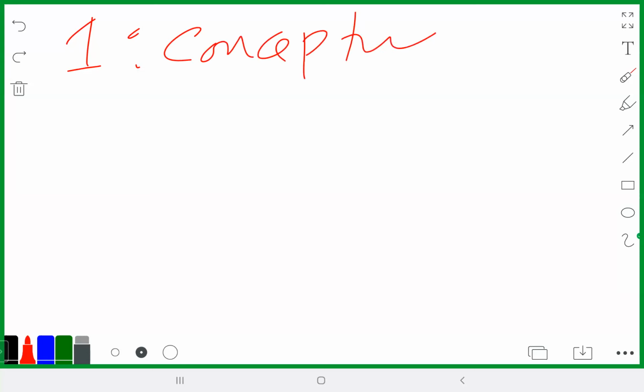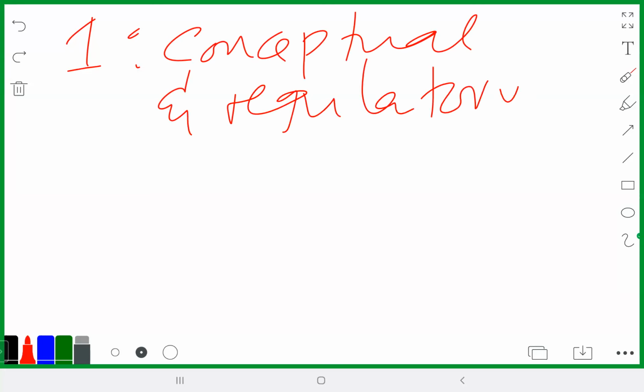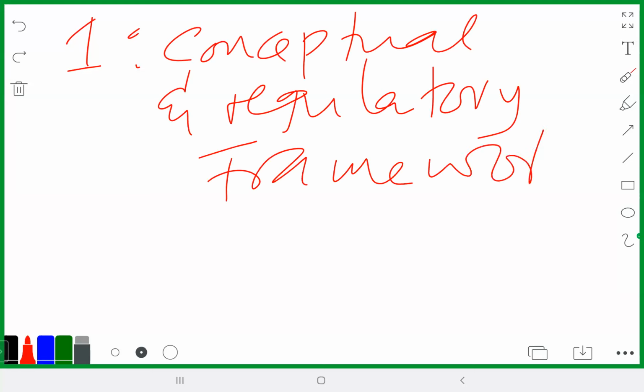And the study of financial reporting has been broken down into five parts. Number one, the first part that you study deals with the conceptual and regulatory framework.